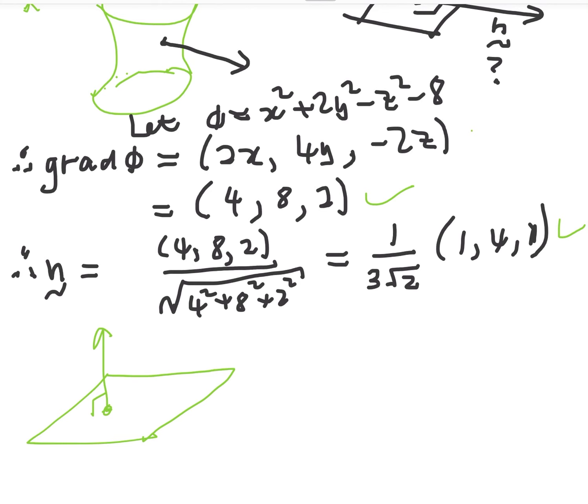If you have these two things, you can write down the equation of the plane. Let me repeat. To find the equation of any plane, you need a normal to the plane and one point that the plane passes through. You need these two things. And you can very easily write down the equation of the plane.